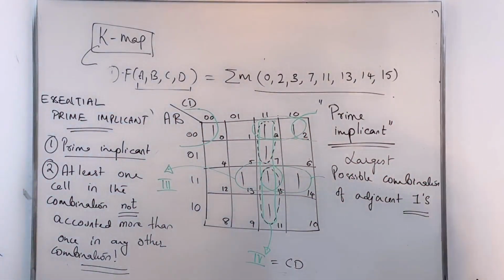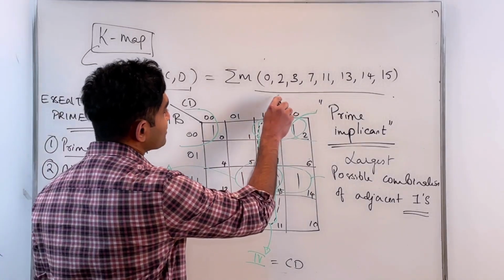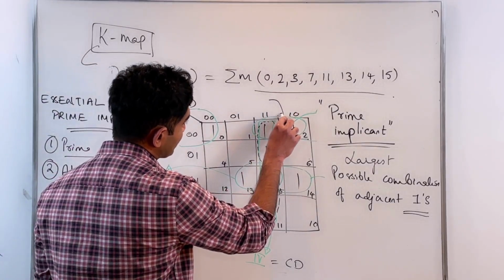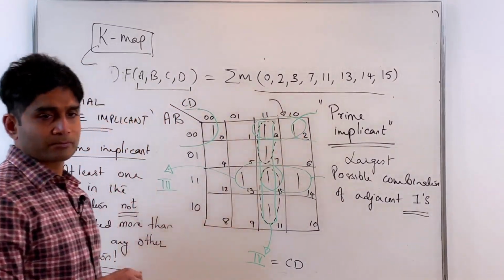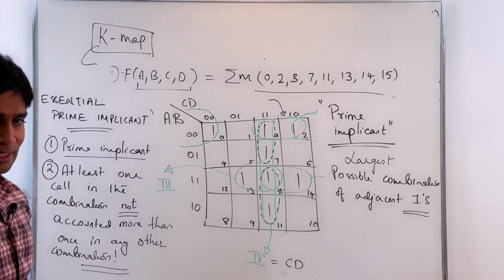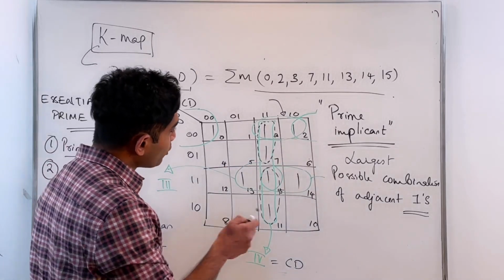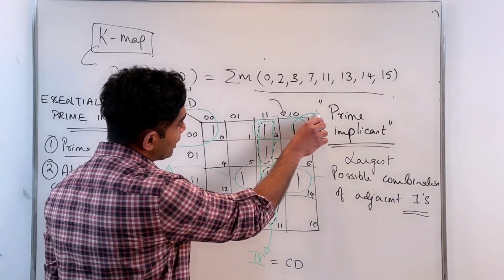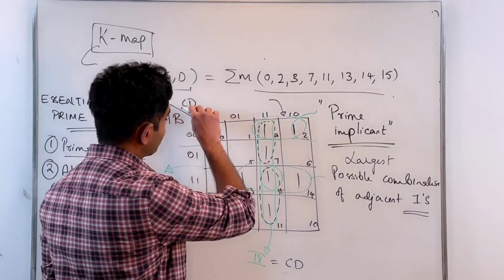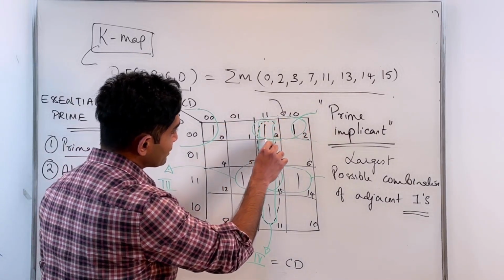Let's see what the essential prime implicants are in this example. If I go by this definition, would this prime implicant be called an essential prime implicant? I have two ones, or two cells, in the prime implicant. You notice that this particular cell containing one is accounted in this prime implicant combination as well as in this prime implicant combination.